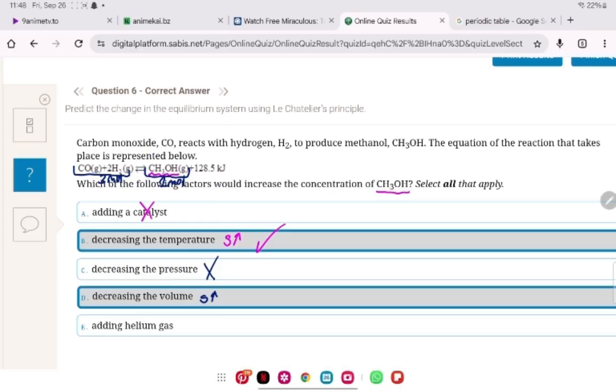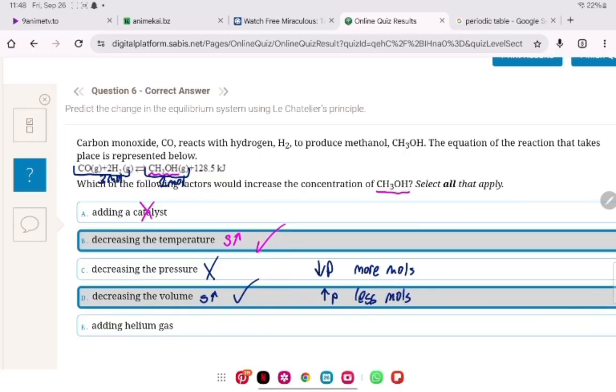So it will move forward, making the concentration of CH3OH increase. This is why this is correct. So decreasing pressure will move to the side with more moles, and increasing pressure will move to the side with fewer.